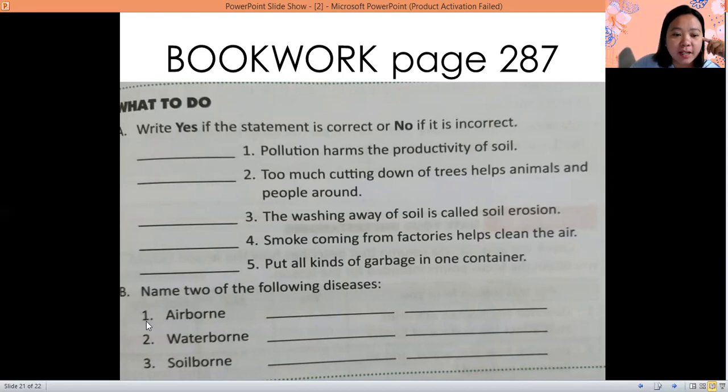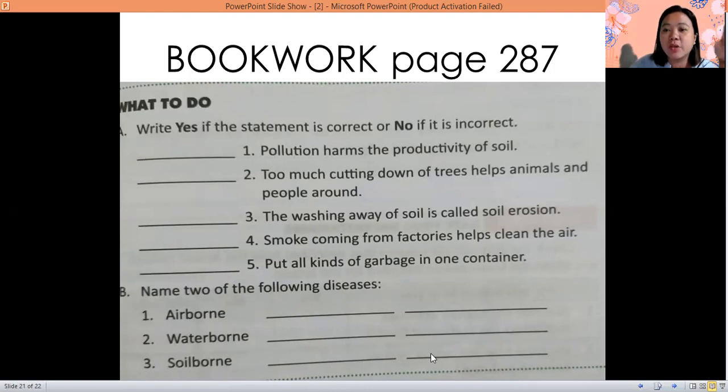Okay, now here you are going to write the two diseases from airborne. What are the diseases that we can get? The waterborne from water and the soil-borne diseases. Write it here.